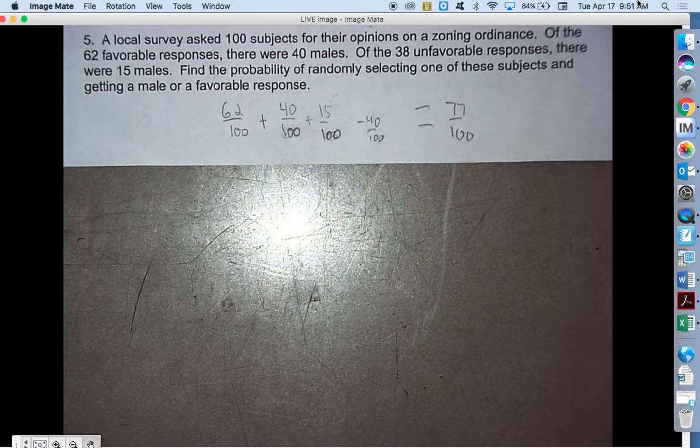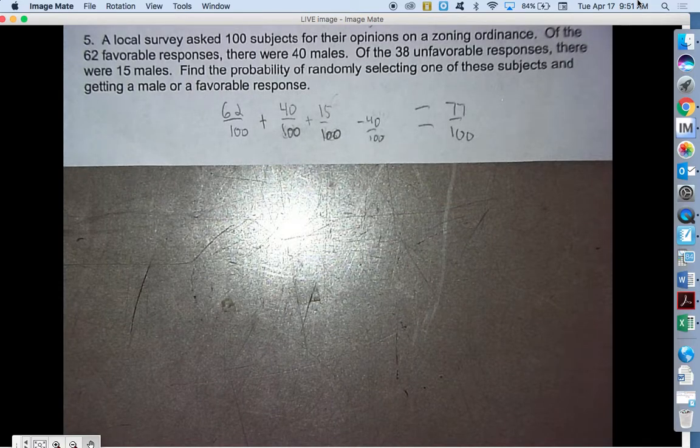So, out of the probability of selecting a male or a favorable response, you add 62 favorable responses to the 40 males of those, and then the 15 males of the 38 unfavorable responses, and that's out of 100.